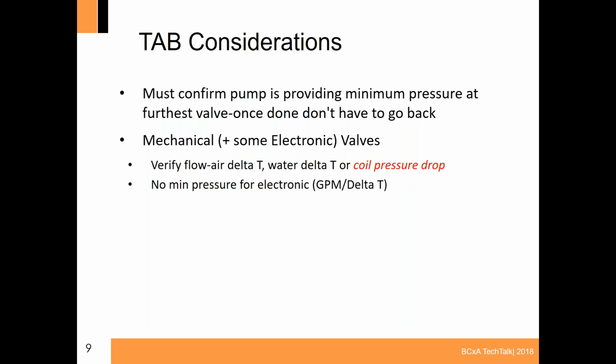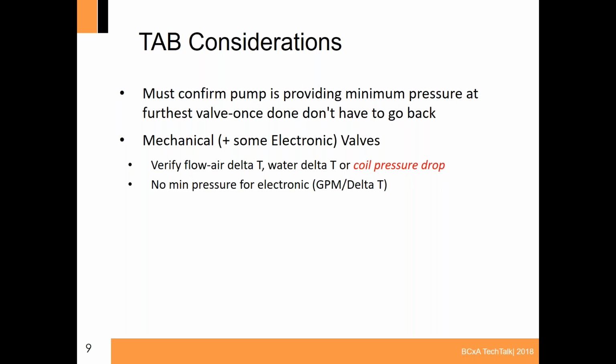Mechanical and then some electronic valves, we verify the flow by looking at the air delta T. Okay? You can take the coil, if you know the airflow across it, and then you measure the delta T, then that's one way to confirm flow.